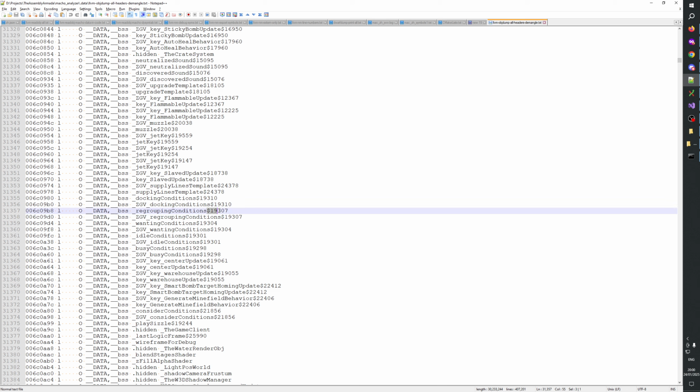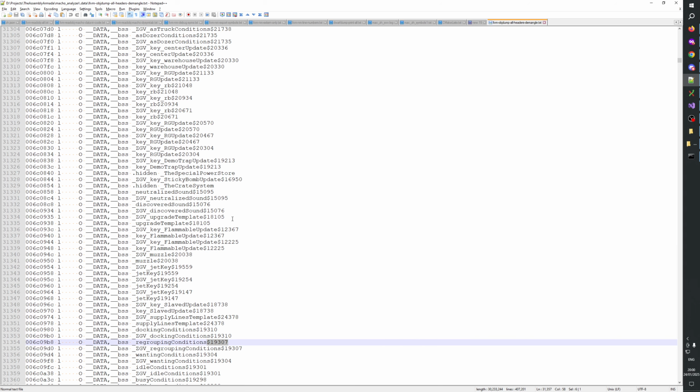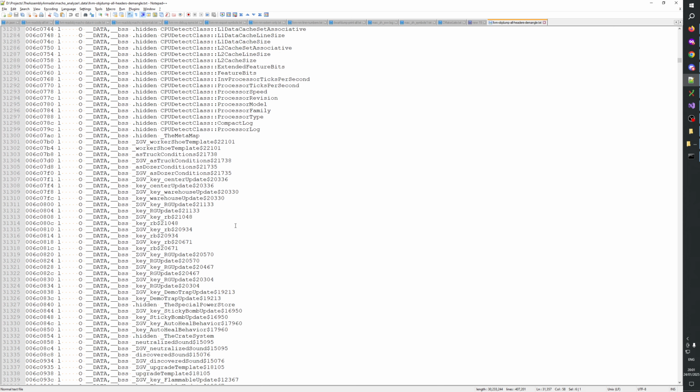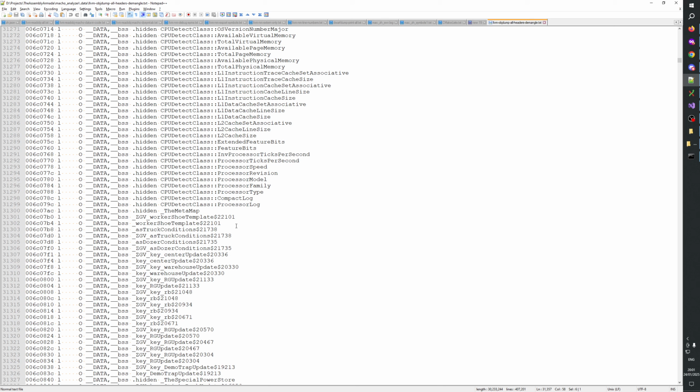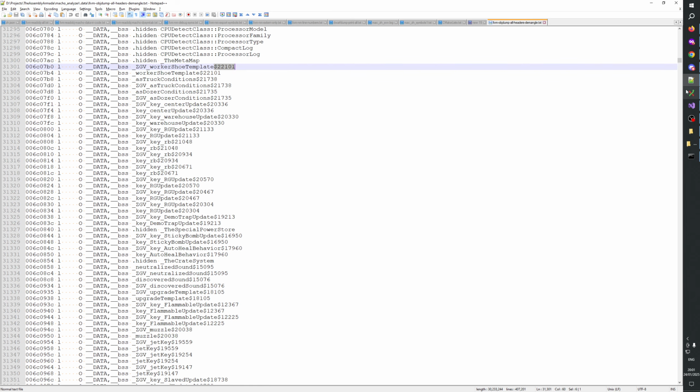What is this dollar symbol here? Worker shoot template dollar and then a number. I don't know.